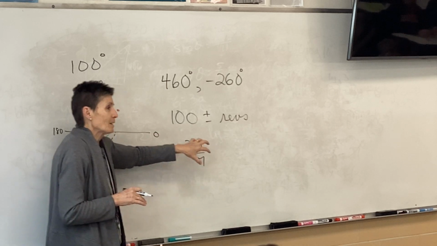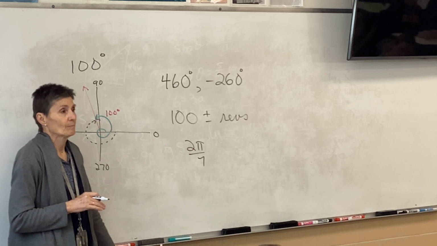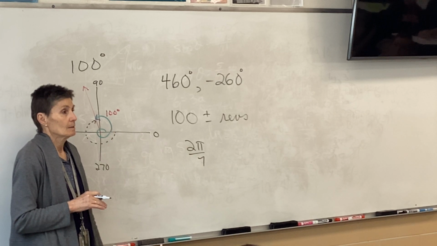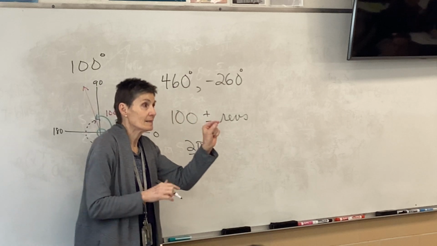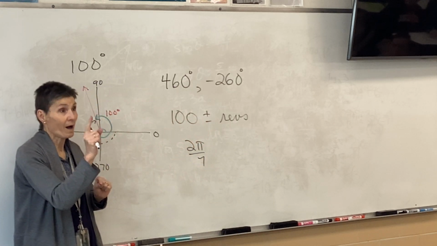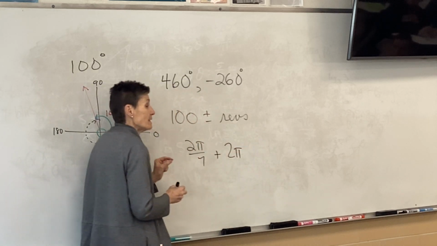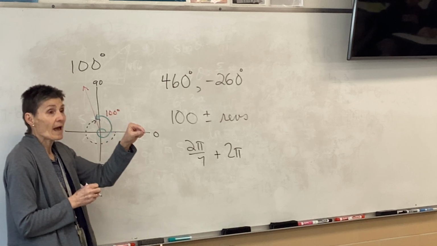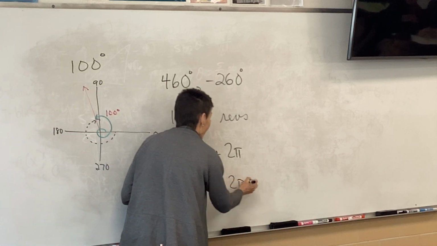He forgets to cover up. What is a revolution in radians? Pi over 180? Remember, pi is 180 degrees. So 2 pi is a revolution. So in radians, you're going to add or subtract 2 pi.